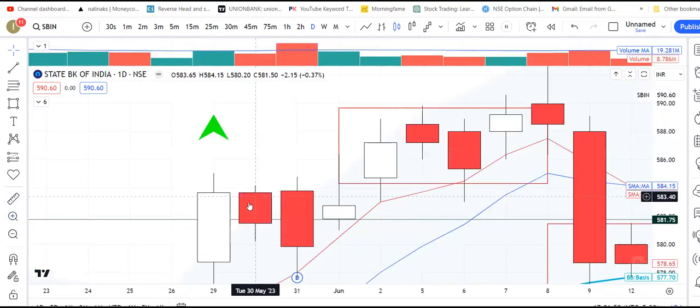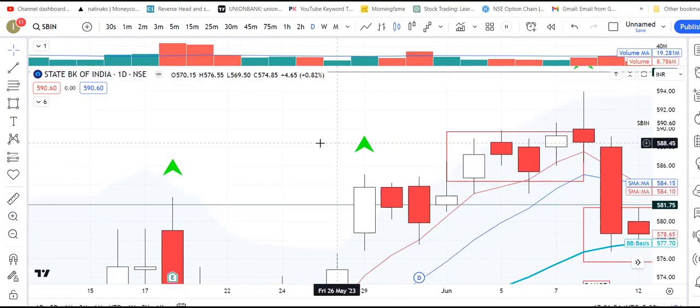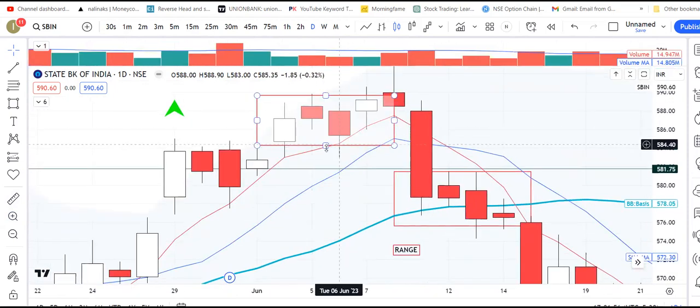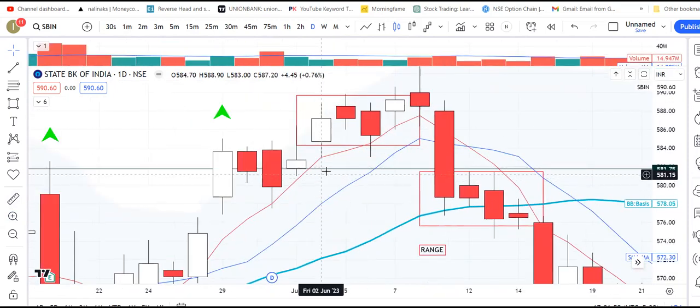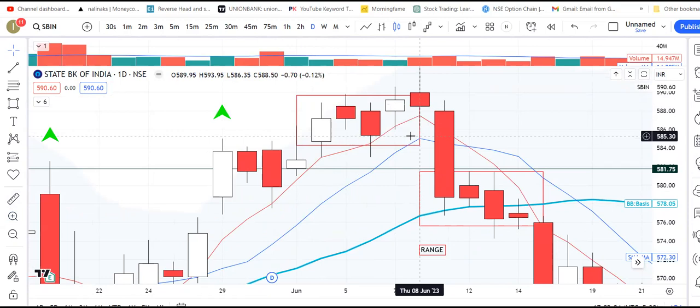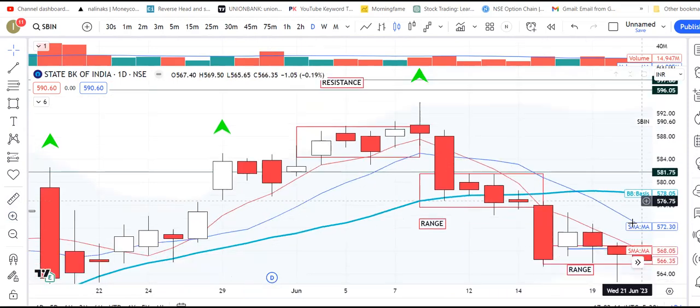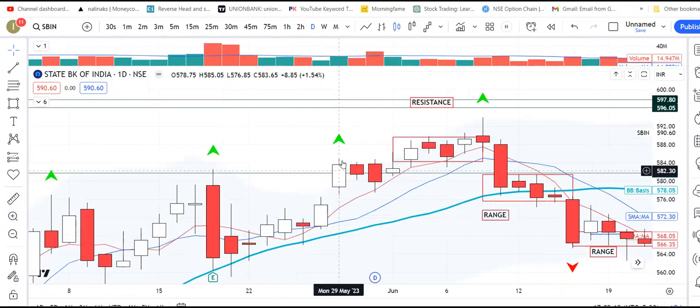So you have to mark the range. You can see the range clearly. How you can identify a range: one candle up, two candles down. One candle up, two candles down. That is rotation. The price will not be spread out like this.